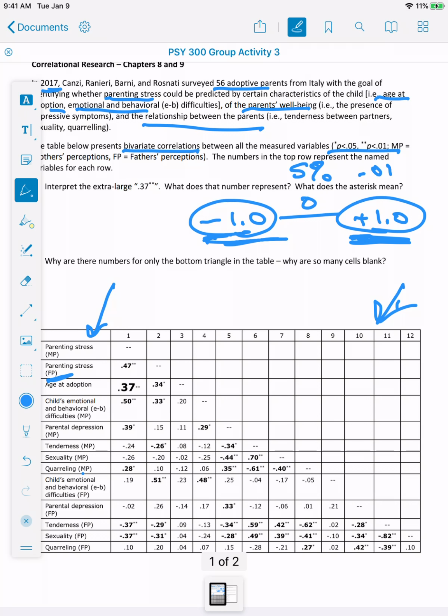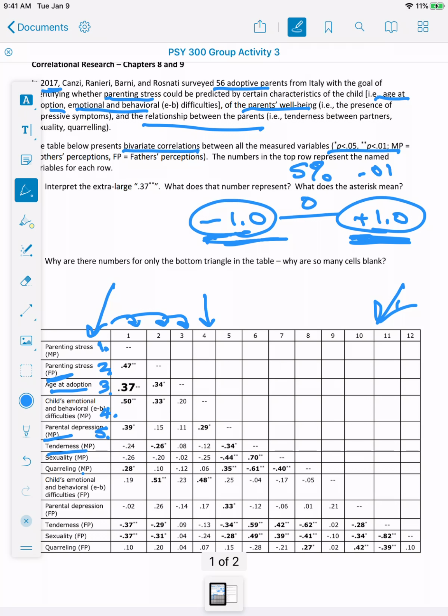We also have information like the age of adoption, the mom's rating of her depression, the mom's rating of the tenderness of their relationship, indicated by tenderness MP. Now, each of these rows has a number associated with it. And in order to simplify everything, what we then do is we move those numbers across on the columns as well.